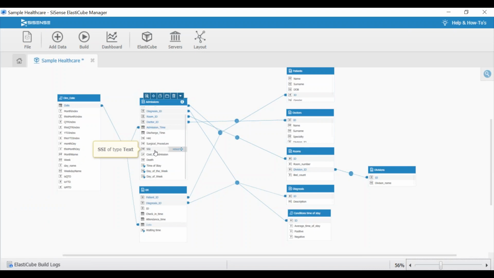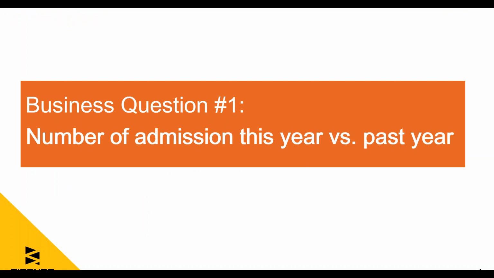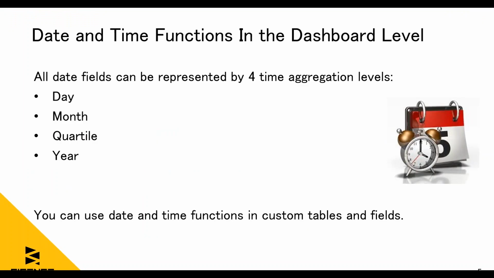So the first business question I'd like to go over is number of admissions this year versus past year. Now, in SciSense, you have 4 aggregation levels of time: day, month, quarter, and year.